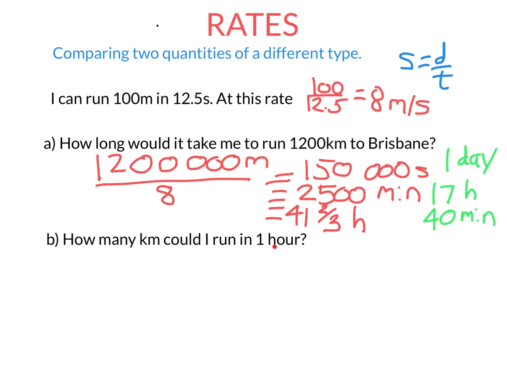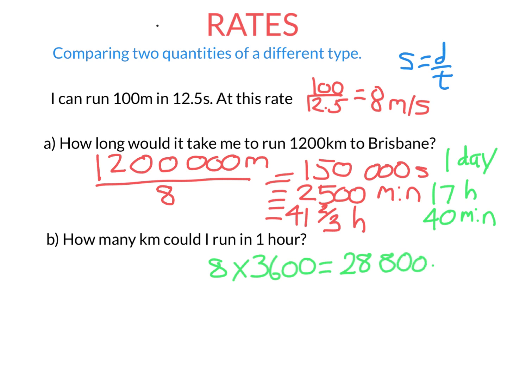All right, how many kilometers could I run in 1 hour at this rate? So if I run 8 meters every second, and there are 60 times 60, so 3,600 seconds in an hour, I can run this many meters per hour.